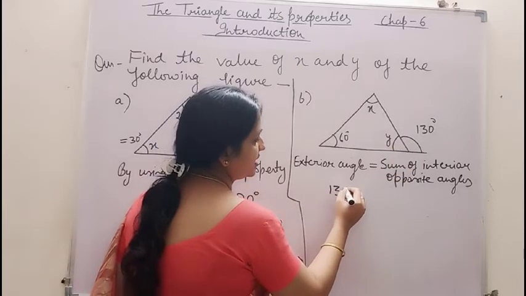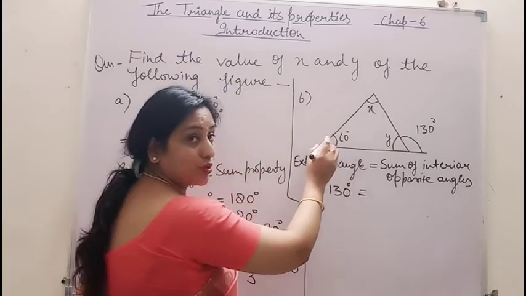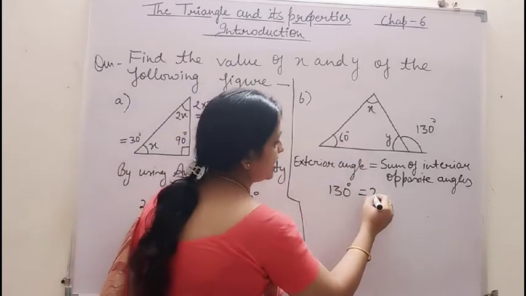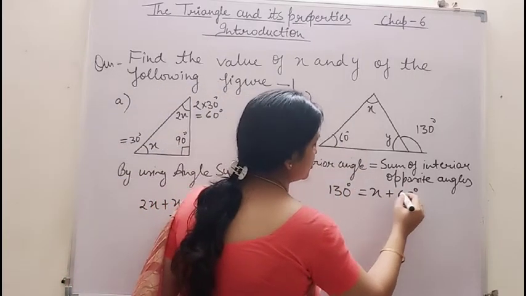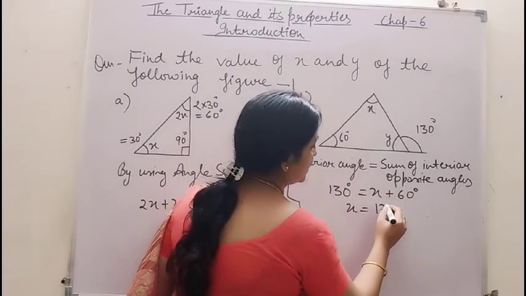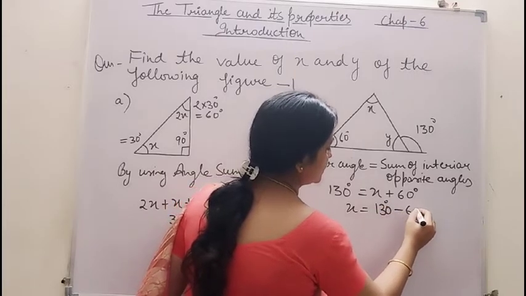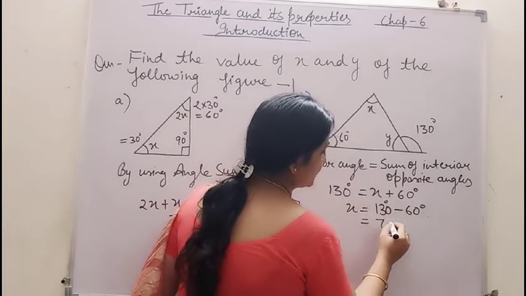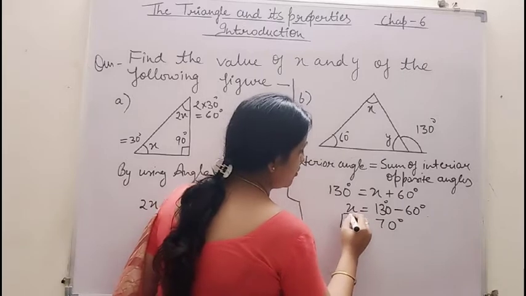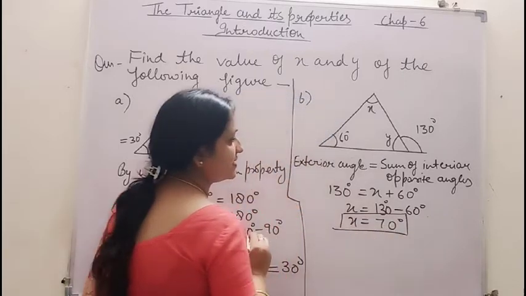So 130 is equal to the interior opposite angles. It means x plus 60 degree. So x is equal to 130 degree minus 60 degree is equal to 70 degree. The value of x is 70 degree.